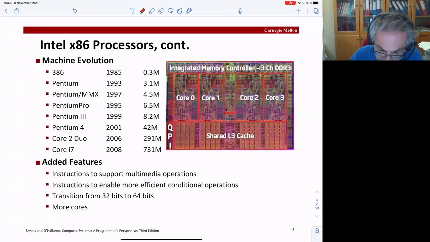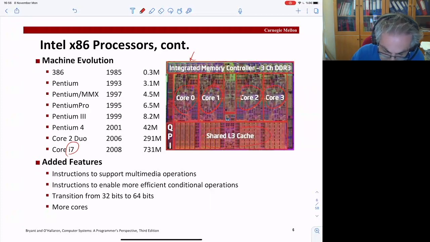When we look at here, I think this is the Core 2. No, it's probably like i7. So we have these 4 identical cores. There's a cache which you'll learn about here.